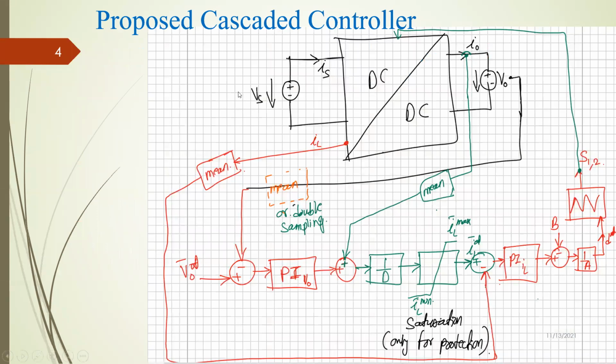So this is just a summary of our lesson 1 to lesson 3. If you have already watched lesson 3, you would see this picture at the end. From here to here, we have our outer voltage control loop.